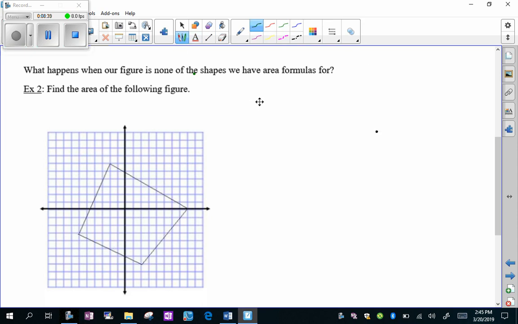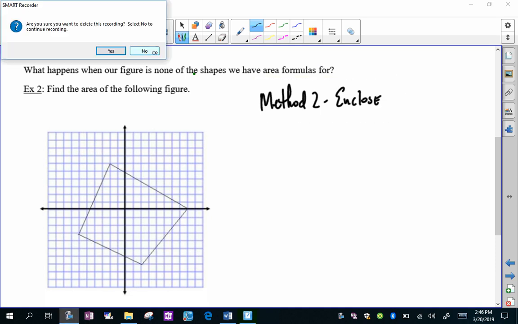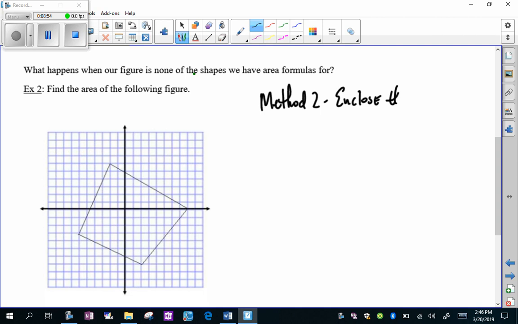So I'll call this method 2. Enclose the shape. So you're going to enclose the shape and subtract off areas.